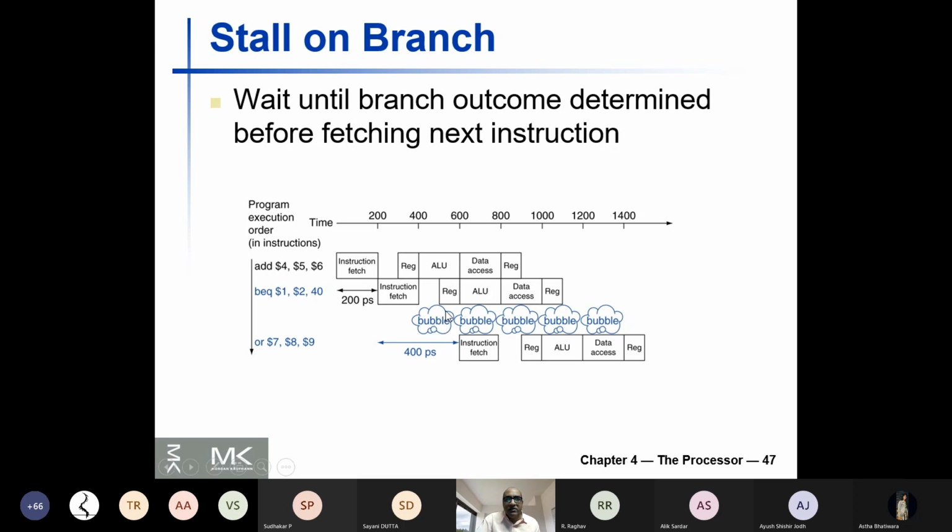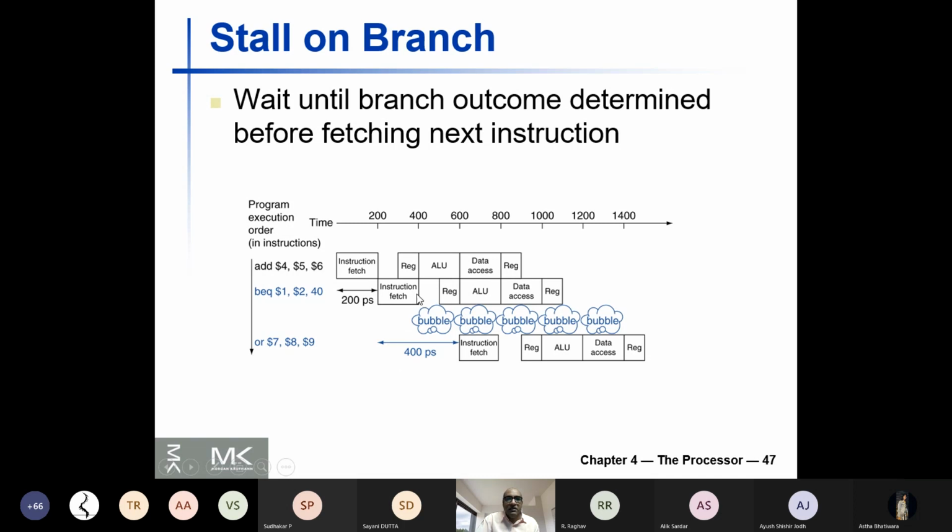So that depends. Therefore, in this case, we had to stall the pipeline by at least one cycle. That means for the desired instruction to be executed, we have to wait for 400 picoseconds, whereas earlier in the normal pipeline, for every 200 picoseconds the next instruction is fed into the pipeline.